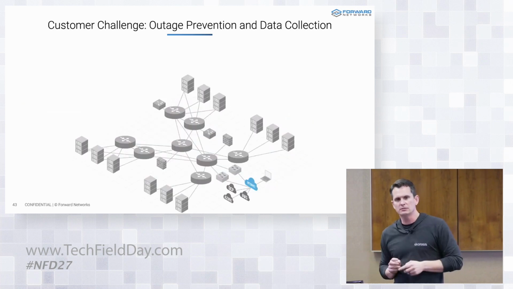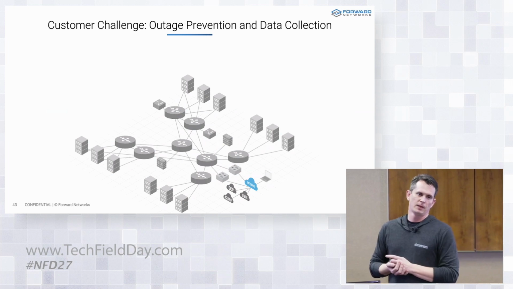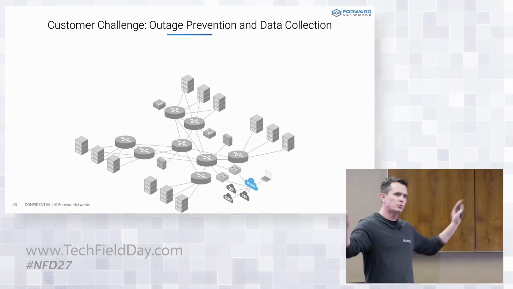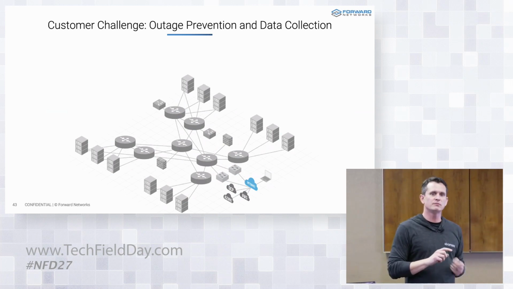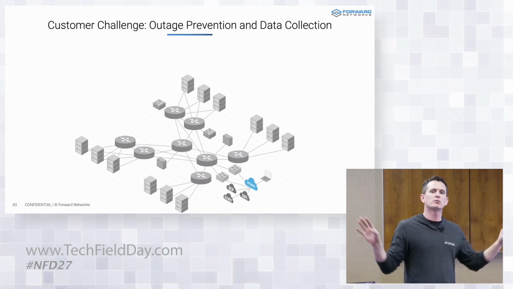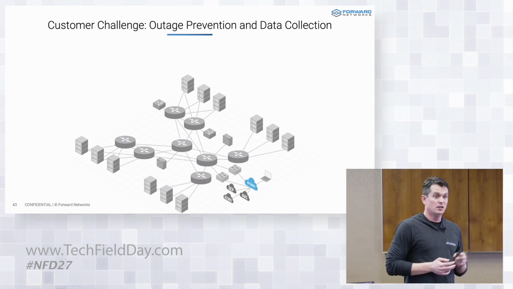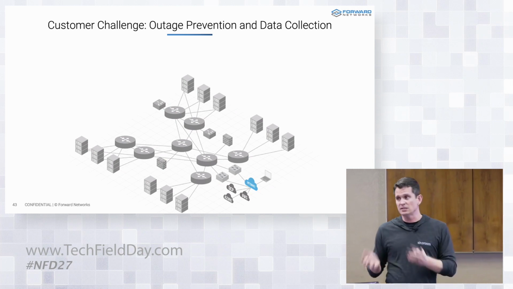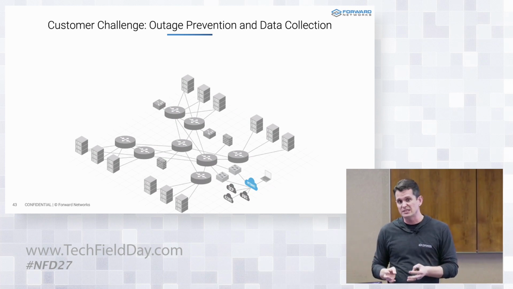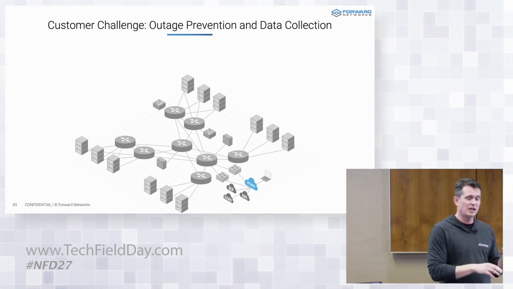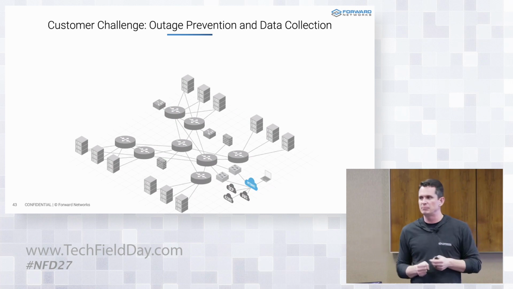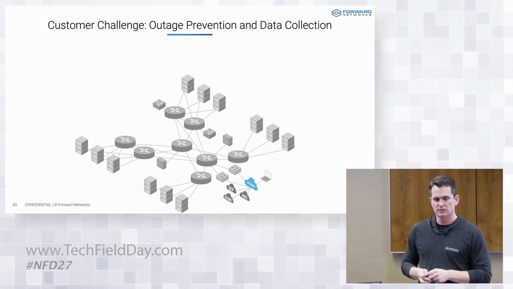Well, the best way to tell you is with a story. So once upon a time, there was a great big network with thousands of routers, switches, firewalls, all across the land. It was so big that it was kind of tough to keep all your configurations straight. There was some sprawl over time. There was a little bit of uniqueness, almost a fingerprint based on who actually configured that device.